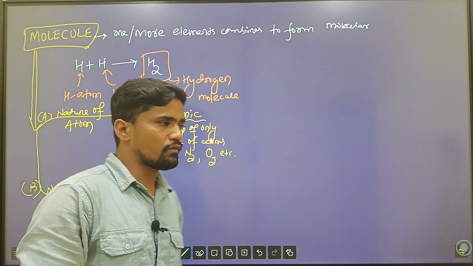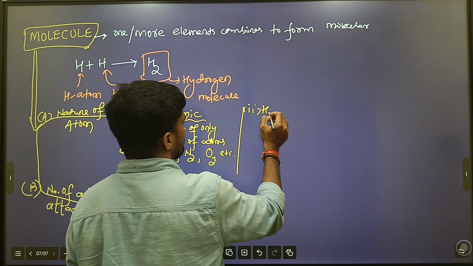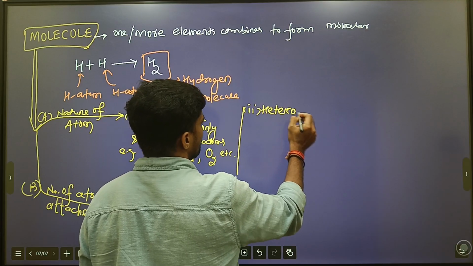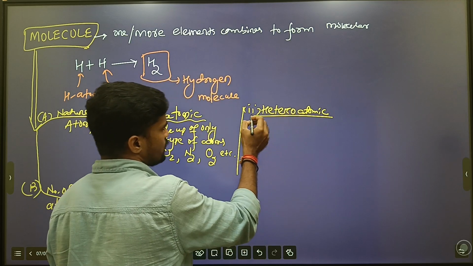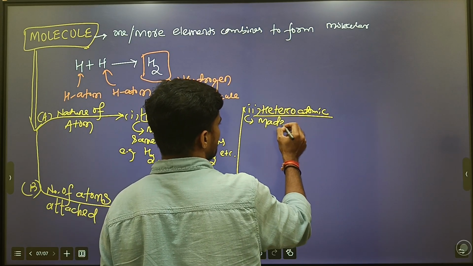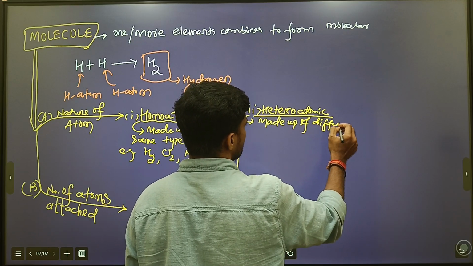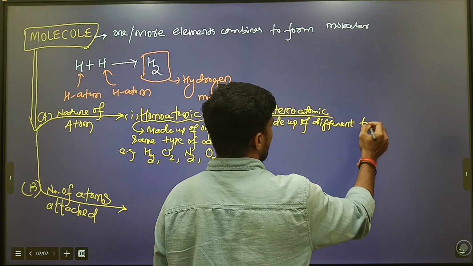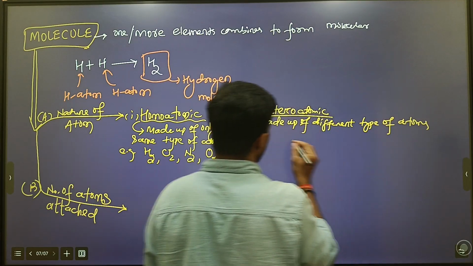Homo means similar type. And one more, heteroatomic. What does hetero mean? Different. That means it is made up of different kinds of atoms.